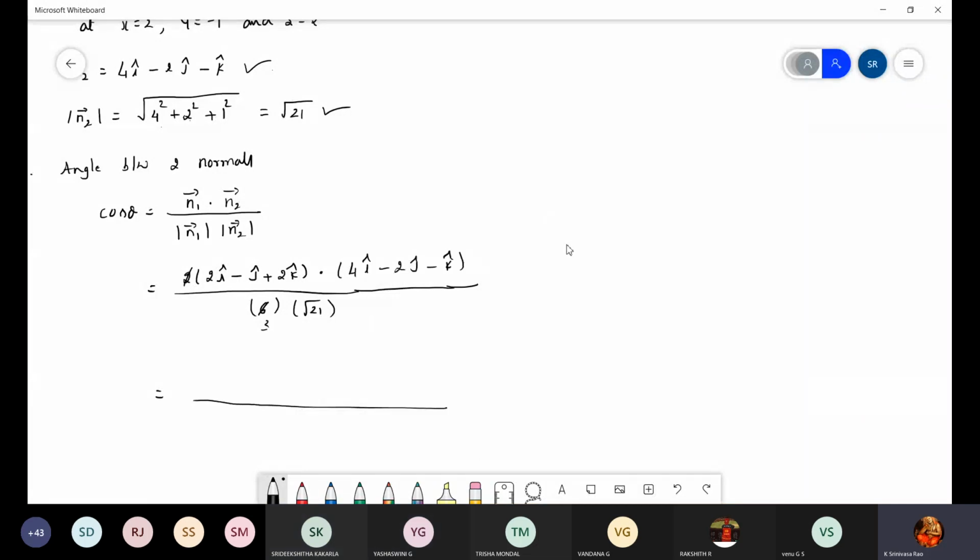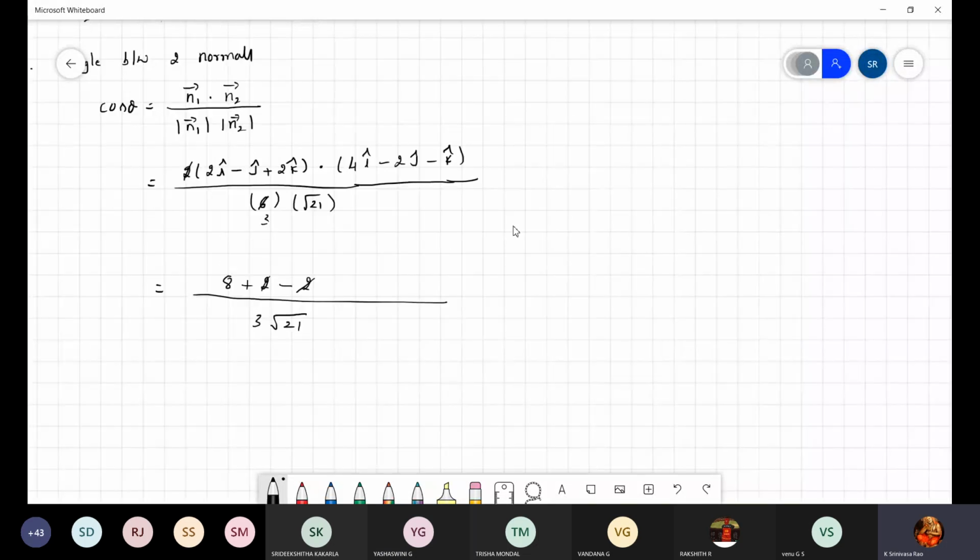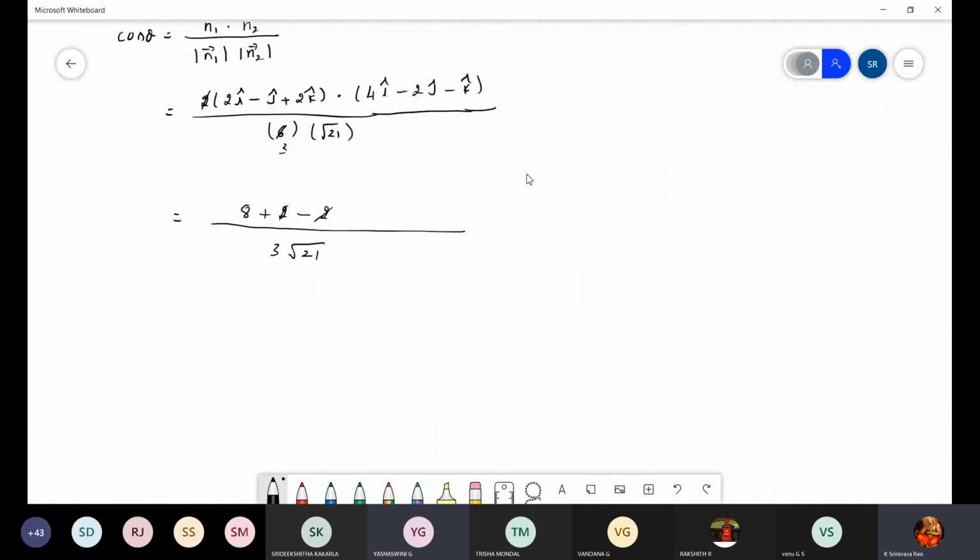Okay, now multiply. 2 4s are 8, minus into minus is plus, 1 into 2 is 2, plus into minus is minus 2, 2 into 1 minus is minus 2. Divided by 3 root 21, and here minus 2 plus 2 cancel. The final answer is cos theta equals 8 by 3 root 21.